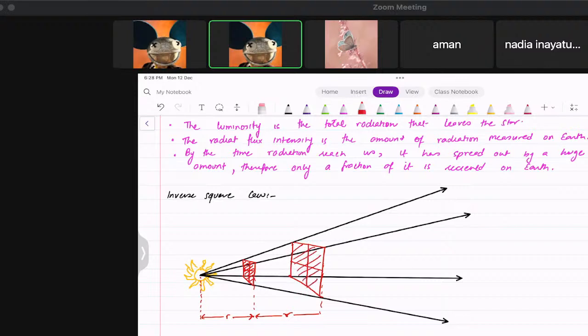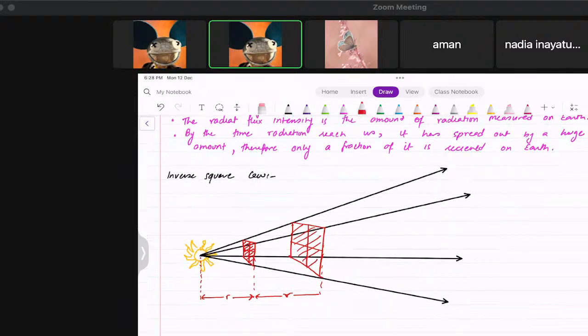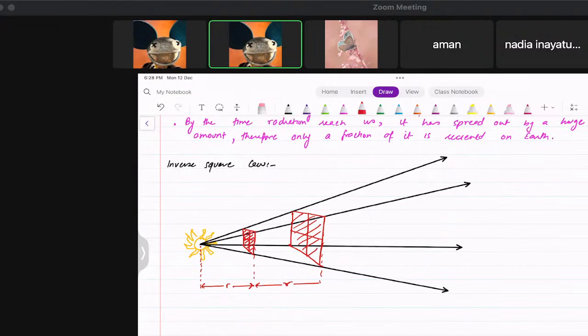So if the radiant flux intensity F is at distance r, then it would be a quarter of F here, because radiant flux intensity F is inversely proportional to the distance squared. Do you guys understand this?